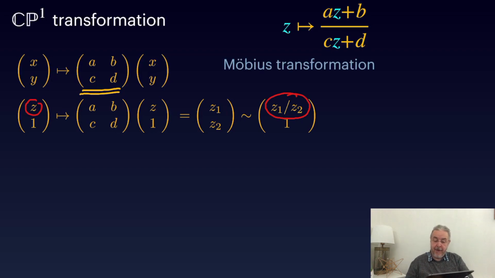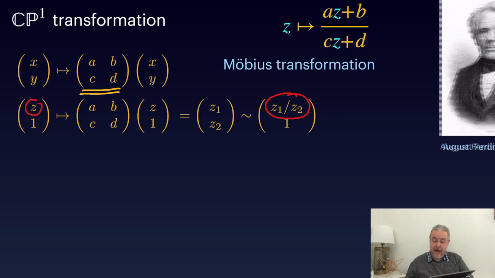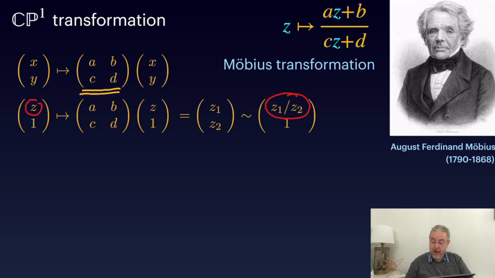And these mappings have a name. They are called Möbius transformations, after the great geometer August Ferdinand Möbius, who can also be considered one of the pioneers of projective geometry. He was the one who really had a very early form of homogeneous coordinates, perhaps the first mathematician ever. And he also dealt with the complex plane.